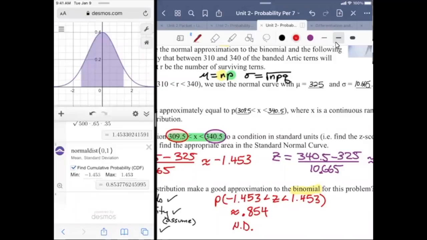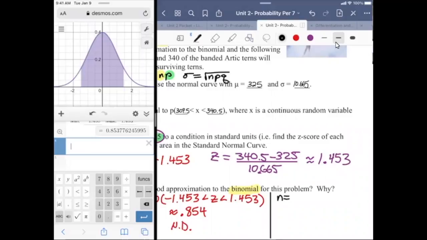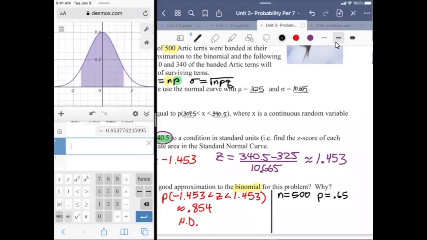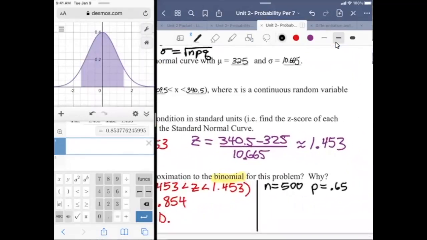So what we would need to do is use a binomial distribution to see if that plays out the same way. Using a binomial distribution, the number of trials is 500. This has all been stated before. The probability of success, 0.65. Probability of failure, complement of that. The number of successes would be between 310 and 340.